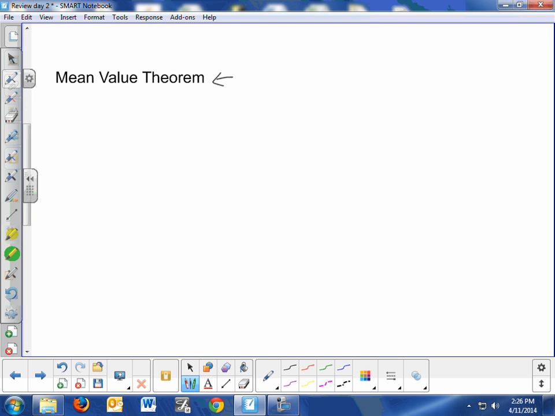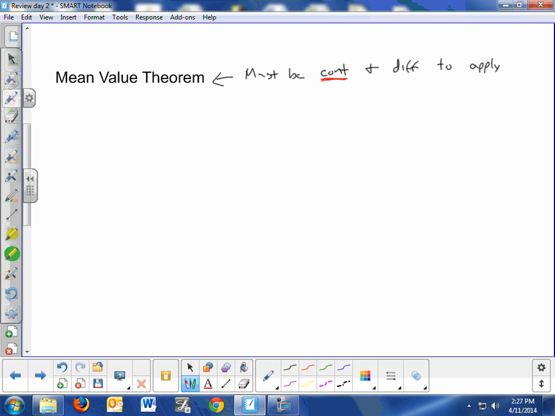Mean value theorem. You must be continuous and differentiable with the mean value theorem. Why differentiable? I'll show you. This is extremely important.